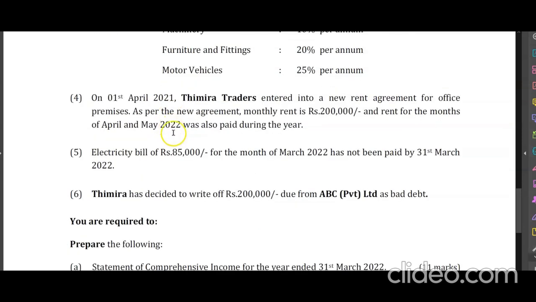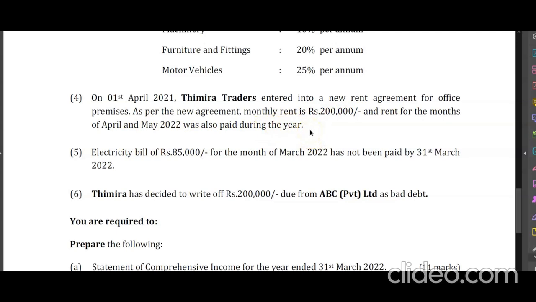The fourth point says that on 1st April 2021, which is the opening date of the year, Timira Traders entered into a new rent agreement for the office premises. As per the new agreement, monthly rent is 200,000 and rent for the months of April and May 2022 was also paid during the year.